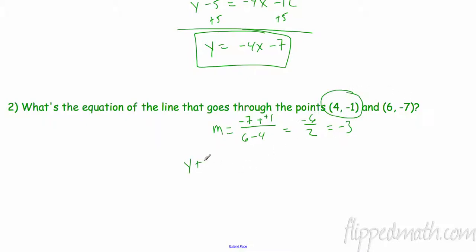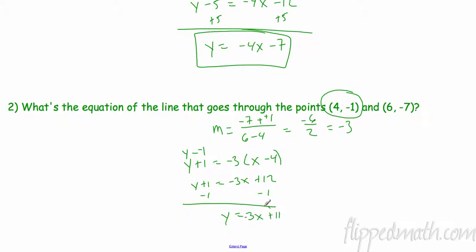So y plus 1 equals negative 3 times x minus 4. Remember, I'm writing plus 1, but this is y minus negative 1. Minus a negative is the same thing as plus a positive. All right? So y plus 1 equals negative 3x plus 12. Subtract 1. y equals negative 3x plus 11.